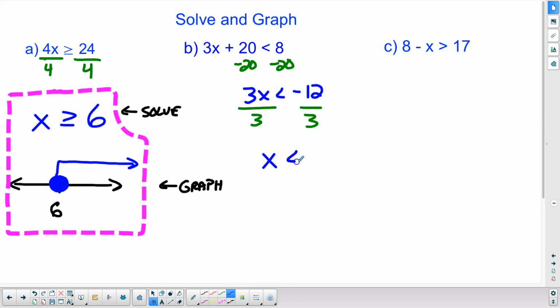So this stays x is less than negative 4. On a number line, the only number that I'm concerned about is -4. Open dot. I want numbers smaller than -4. So smaller numbers are to the left.